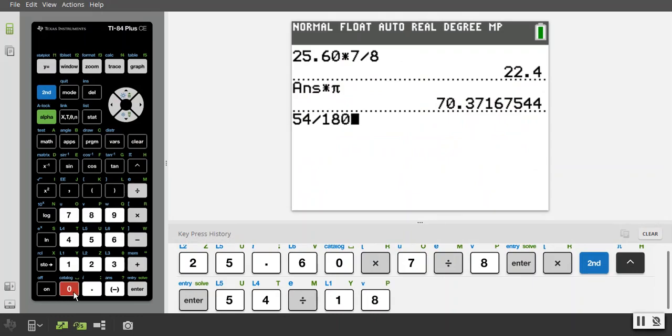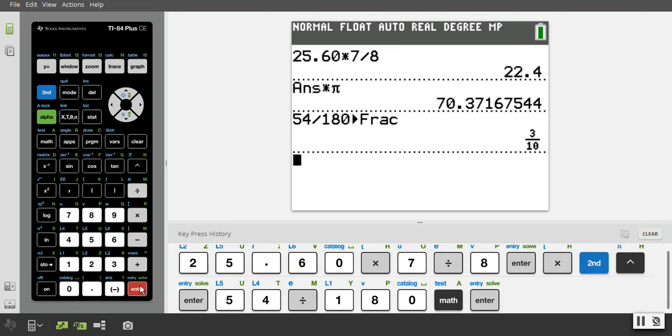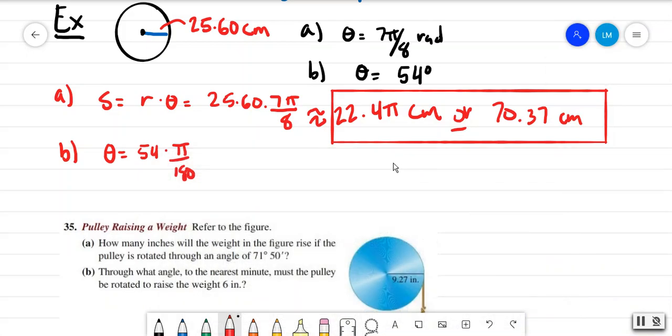Using math frac, let's see if this works. Okay, so 3/10 pi.